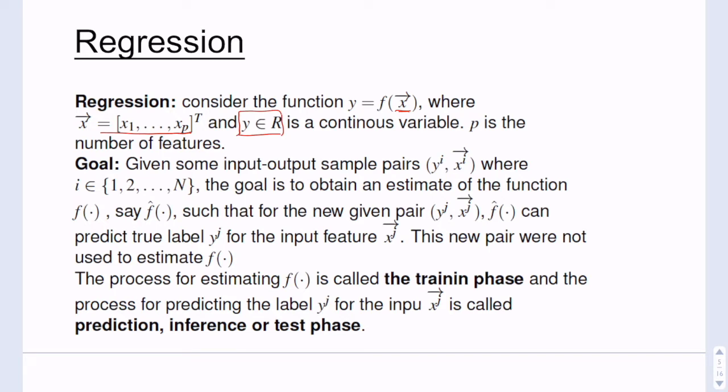Y belongs to real numbers, and this is a continuous variable. And p is the number of features. Again, we have some set of features and also the output. Now, having n paired samples of input and output, we want to estimate a function f hat as close as possible to the true function based on which the output is generated.